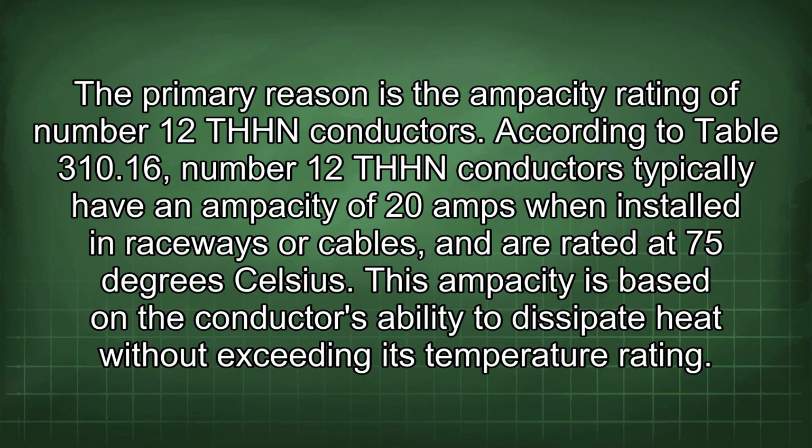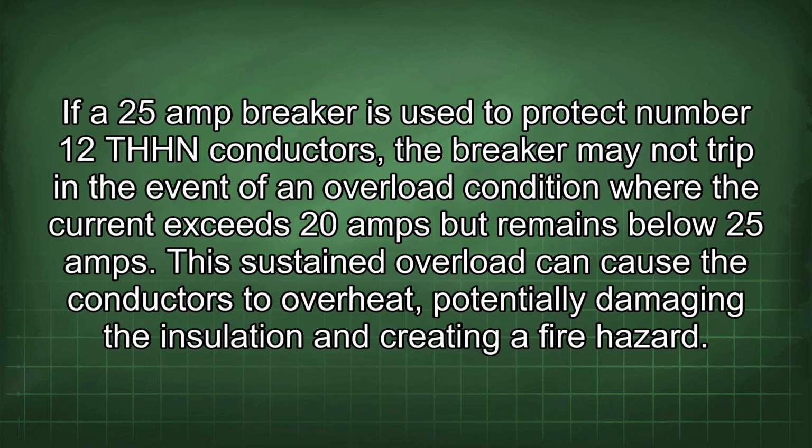This ampacity is based on the conductor's ability to dissipate heat without exceeding its temperature rating. If a 25 amp breaker is used to protect number 12 THHN conductors, the breaker may not trip in the event of an overload condition where the current exceeds 20 amps but remains below 25 amps. This sustained overload can cause the conductors to overheat, potentially damaging the insulation and creating a fire hazard.